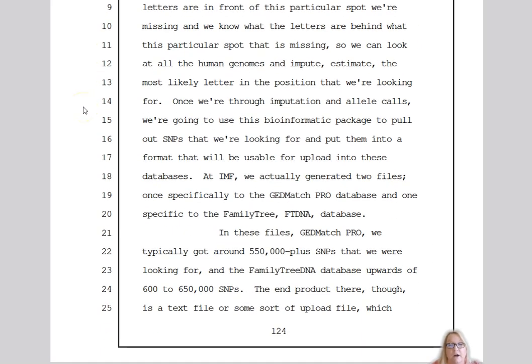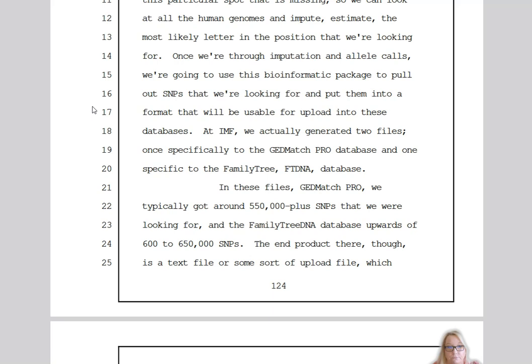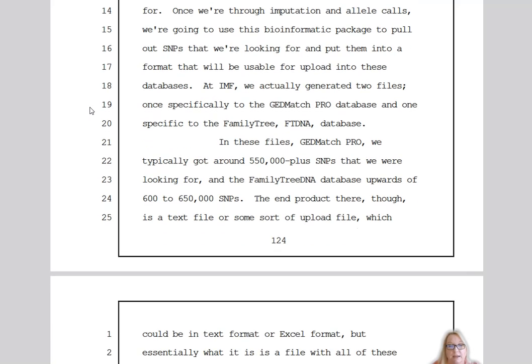So we can look at all the human genomes and estimate the most likely letter in the position we're looking for. Okay? Once we're through imputation and allele calls, we're going to use this bioinformatic package to pull out the SNPs we're looking for and put them into a format that will be usable for upload into these databases.